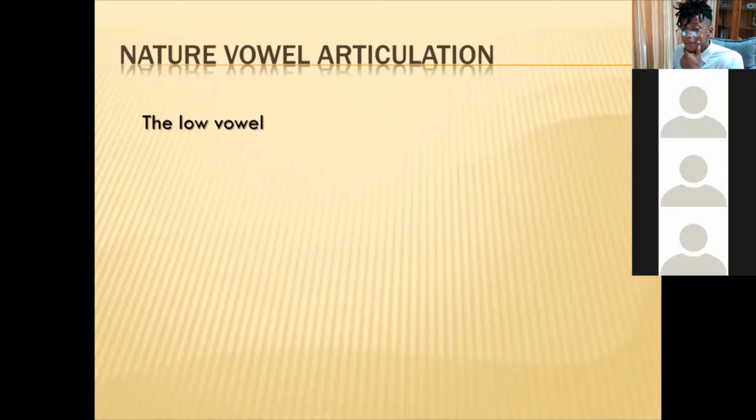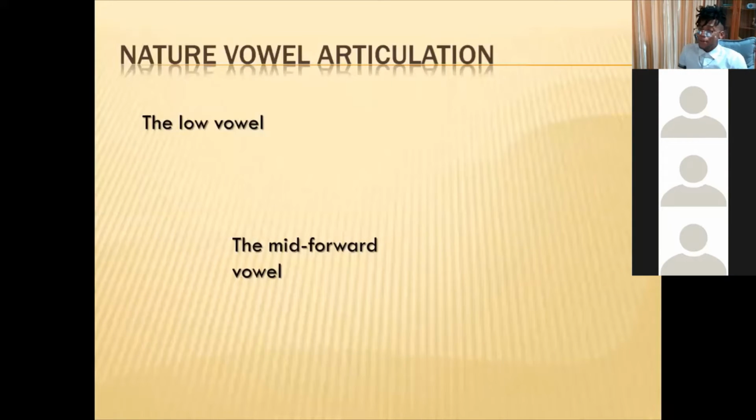So the R would be, maybe say it would be the low vowel, for instance, because when it's produced, the tongue is in the lower part of the oral tract. And then the mid forward vowel. So mid means, again, considering the vertical position of the tongue, at the middle of the oral tract, when we speak in the context of height in vowel production.